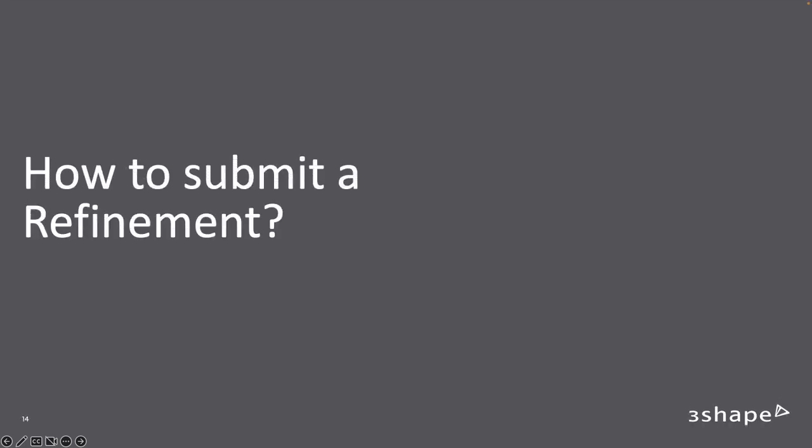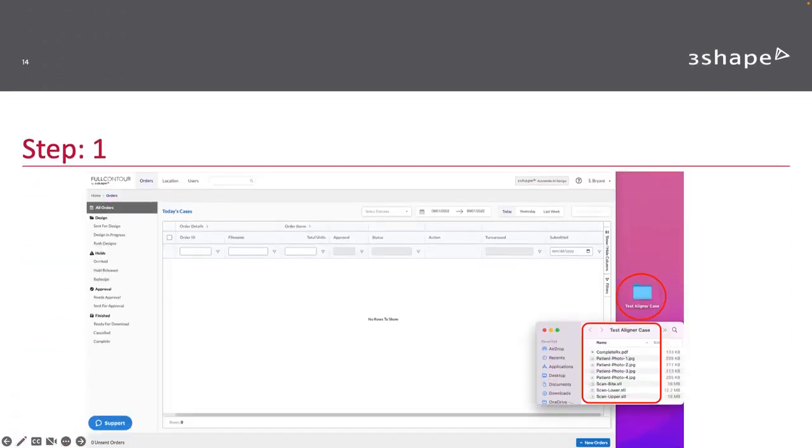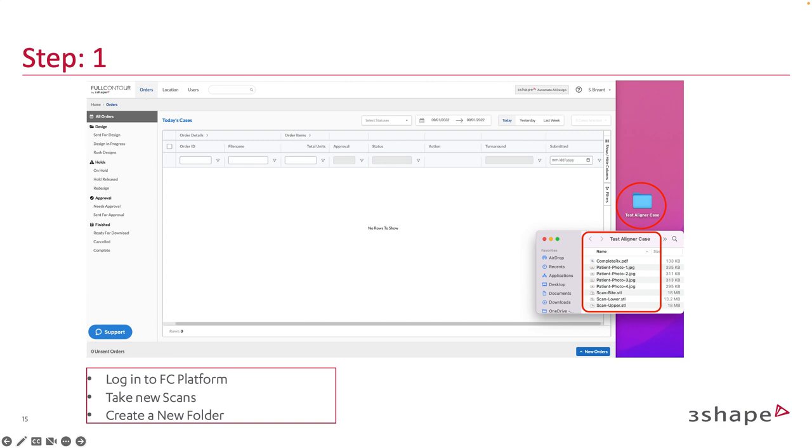So how are we going to be able to submit a refinement with our platform? First of all, we are going to use the credentials and log in to the FC platform. We are going to bring the patient in the clinic and take a scan of the upper and lower arch.